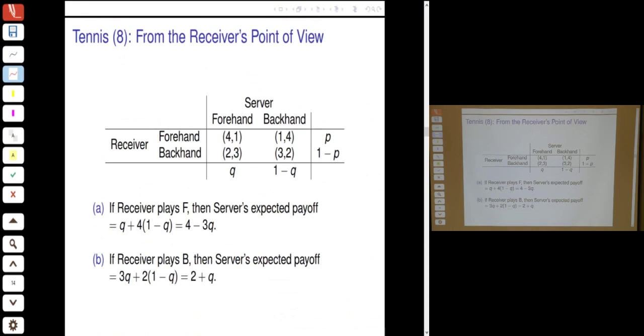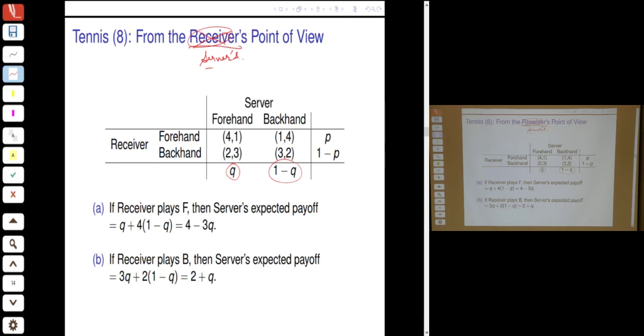So now let us look at the game from the server's point of view. So from the server's point of view, he chooses forehand with probability q, backhand with probability 1 minus q, and the question is, what is the optimal value of q? So now let's go through the yoga and do a similar analysis as we did for the receiver.